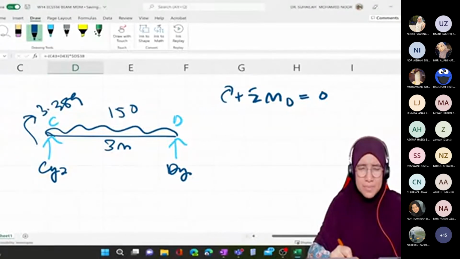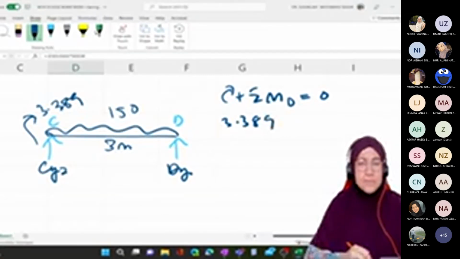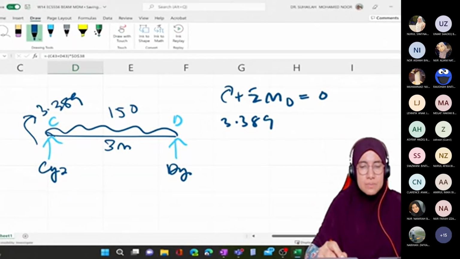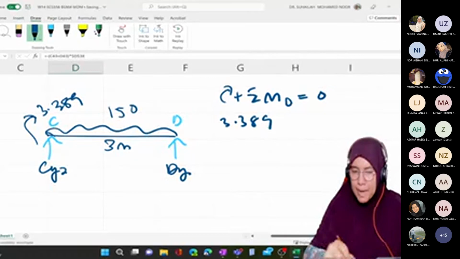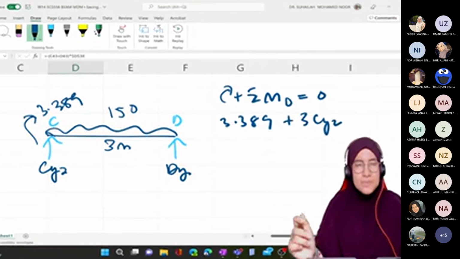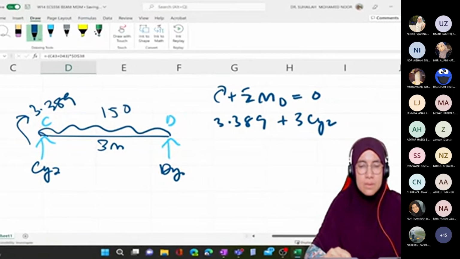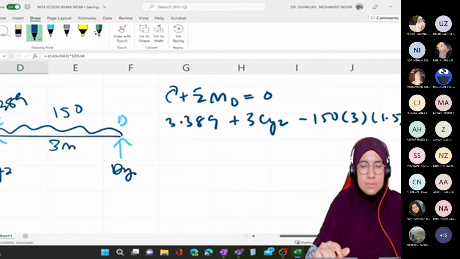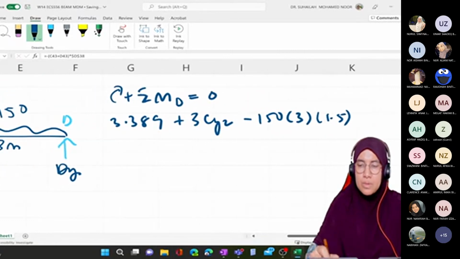So it is 3.389 plus 3 CY2 minus 150 times 3 times 1.5 equal 0.